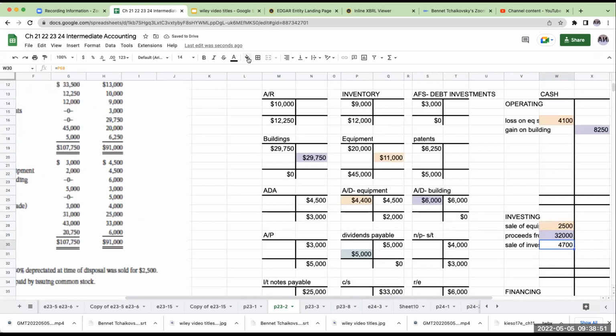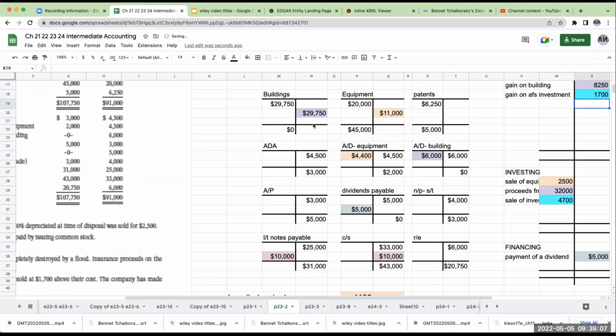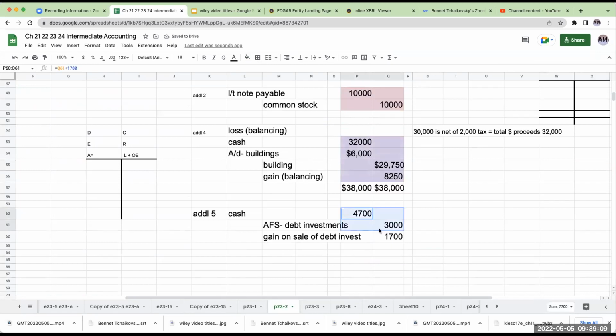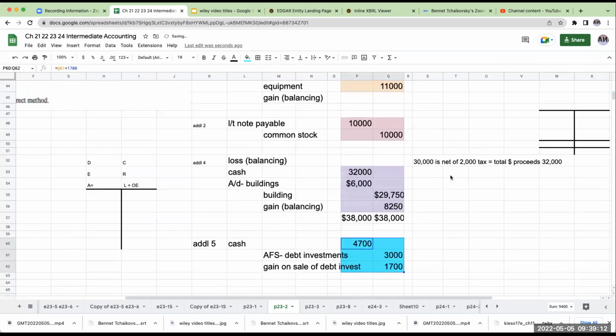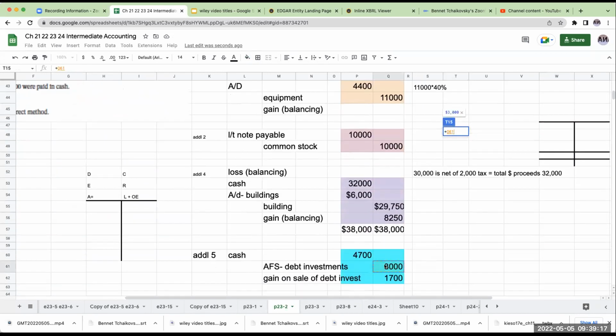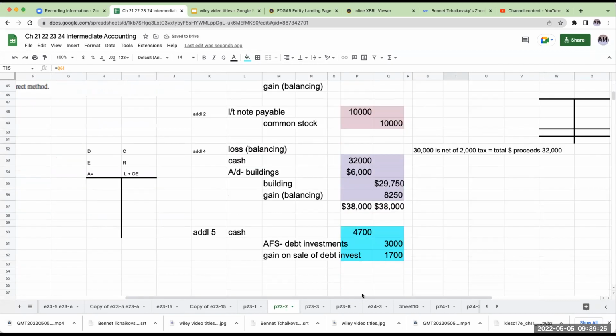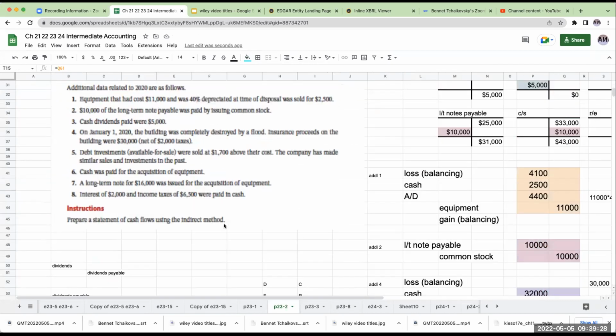Okay, so right over here, assign a new color. The gain on the available for sale investment is going to be 1,700. And I'm going to make this a nice blue. And here we go. And then lastly, I have to get this available for sale investment off of my books. I'm going to go ahead and credit that for 3,000. So over here, we've dealt with those first couple ones going through additional information through number 5.